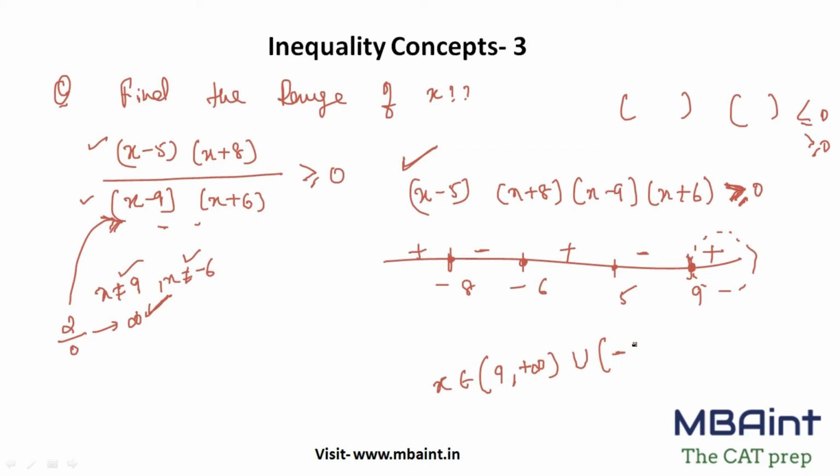So keeping that in mind, I can include 5 in my range. Again union, what should be the value? Anything less than or equal to minus 8, so minus infinity to minus 8. Again I cannot include infinity in the range, so this bracket should be open, and the square bracket should be right here. And this is nothing but your answer.